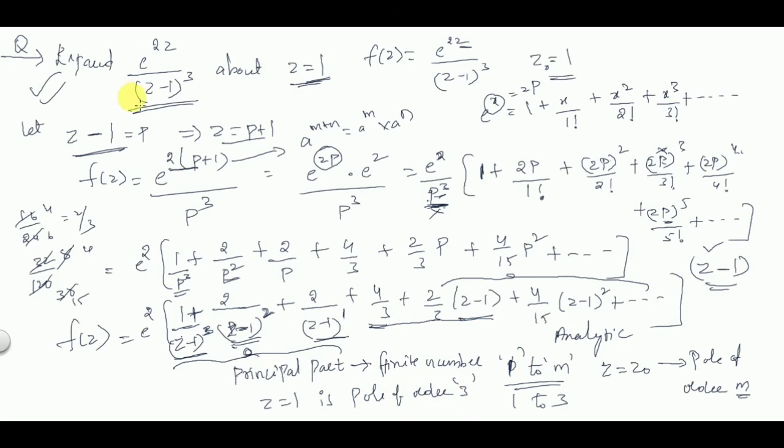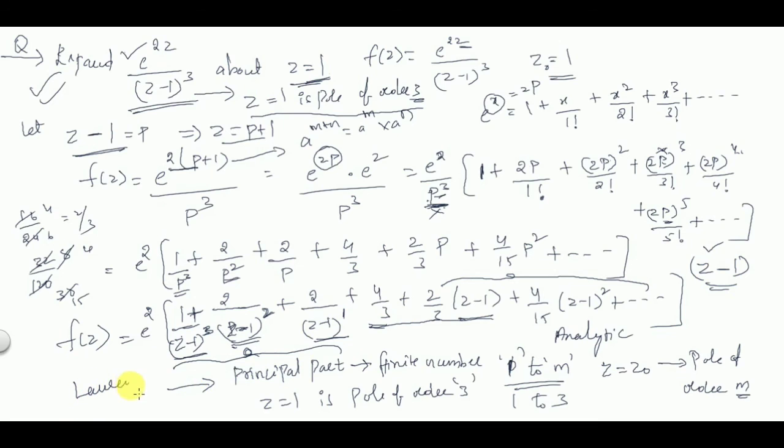So from the function f of z, you can directly say that z is equal to 1 is a pole of order 3, and this is how you can see it from Laurent series also.